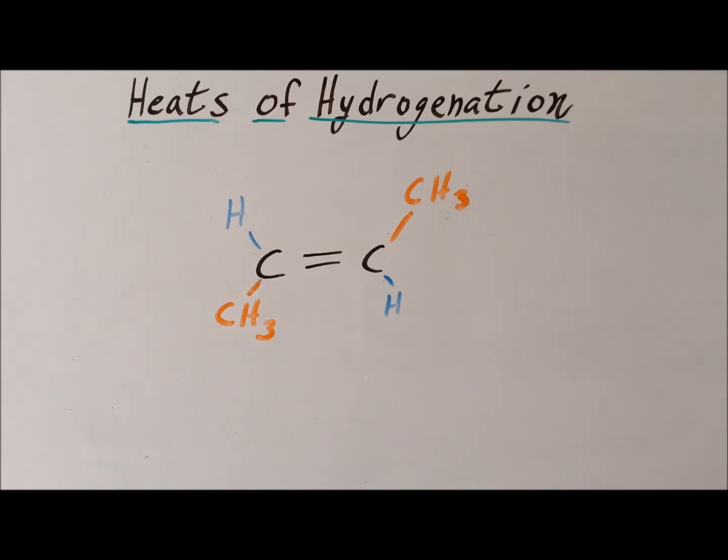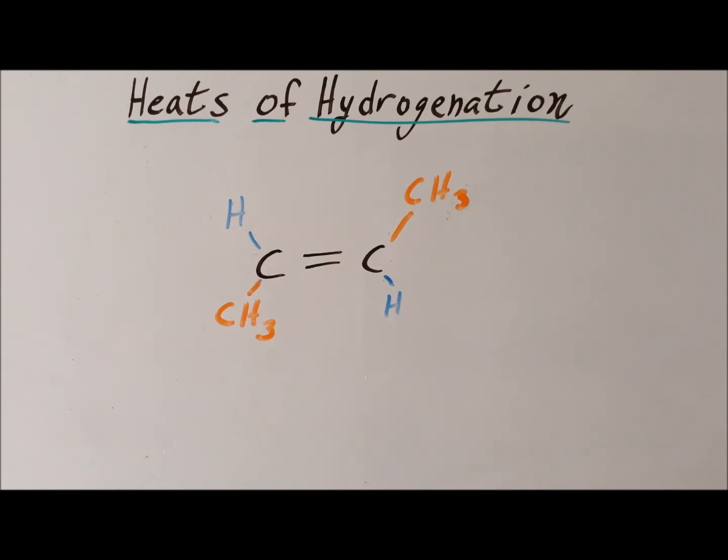Now, from experiments and from theoretical calculations, we would show that trans 2-butene is more stable than cis 2-butene. One of the ways that we derive this experimentally is by measuring the heats of hydrogenation of the cis and trans isomers.